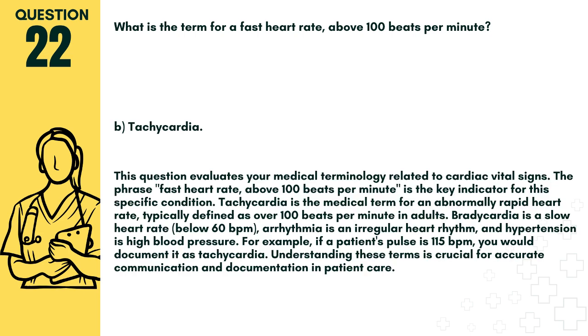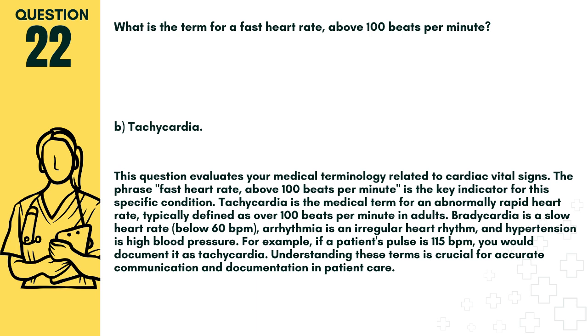Answer: B. Tachycardia. This question evaluates your medical terminology related to cardiac vital signs. The phrase fast heart rate, above 100 beats per minute, is the key indicator for this specific condition. Tachycardia is the medical term for an abnormally rapid heart rate, typically defined as over 100 beats per minute in adults.